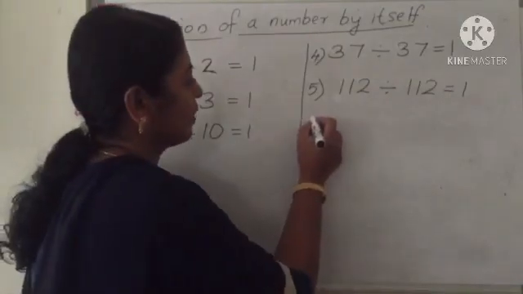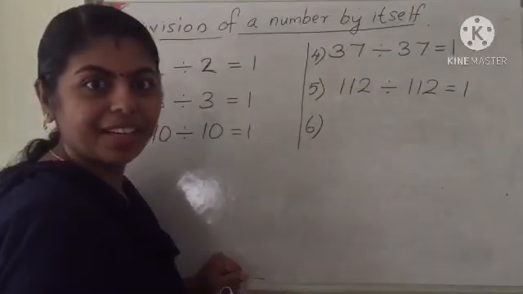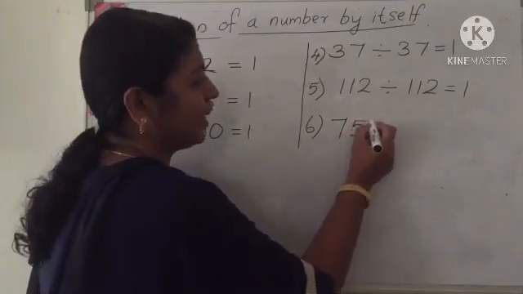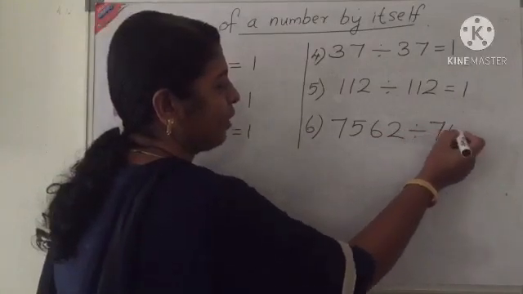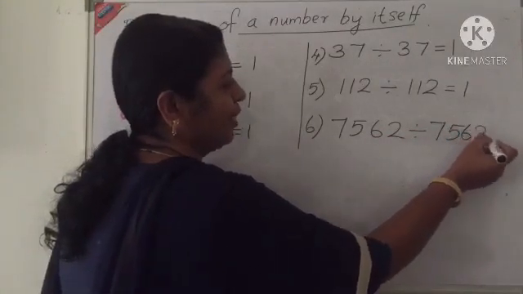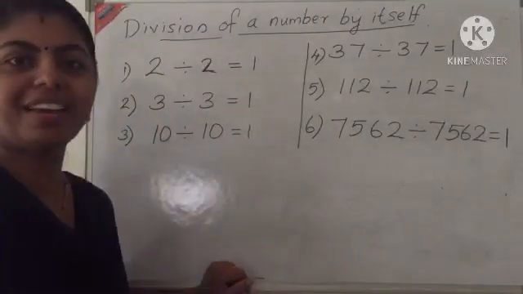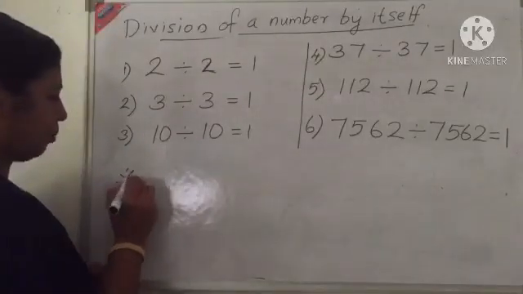Then sixth one, which number do we want to write? We can write a 4-digit number. 7562 divided by 7562. It's equal to, very simple, 1. Then what can we write? It's a point.